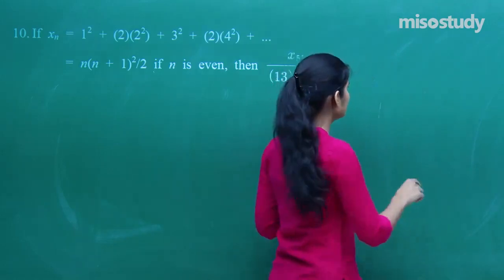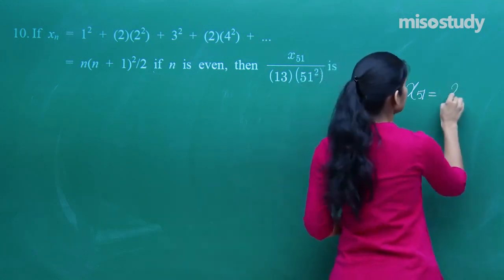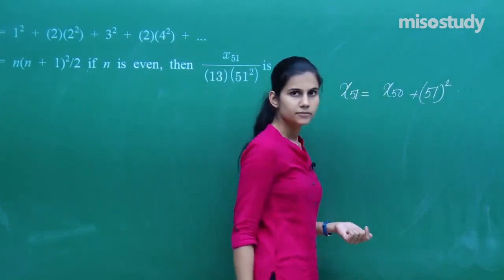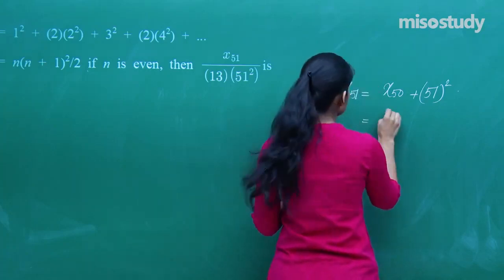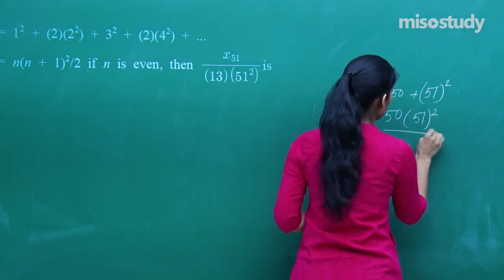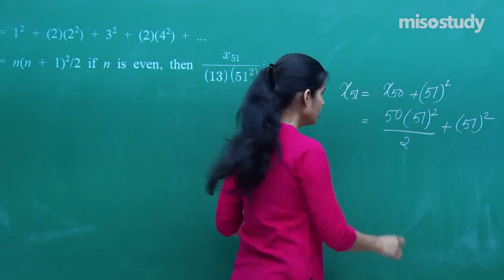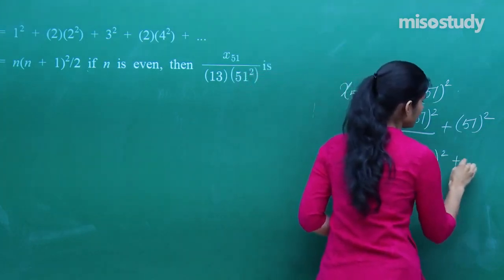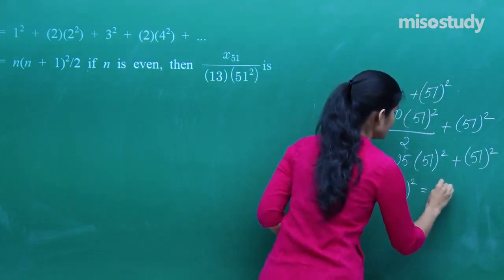What is this? So if you can see, x51 can be written as x50 plus 51 square, right? What is x50? 50 is even, so it is given as 50 into 51 square whole upon 2 plus 51 square. So this gives you 25 into 51 square plus 51 square. So 51 square comes out common.